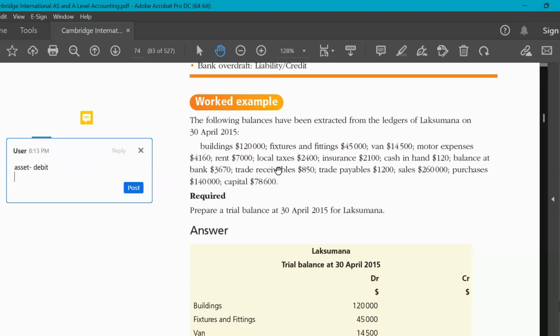Now look at this, local taxes. When we say local taxes, these are the business taxes paid locally, and the taxes are your obligation to the government.